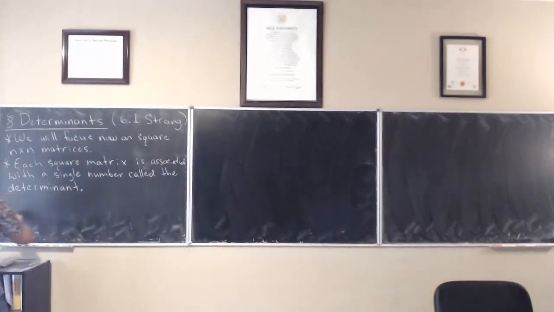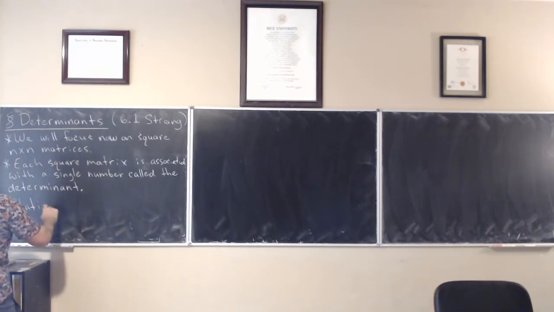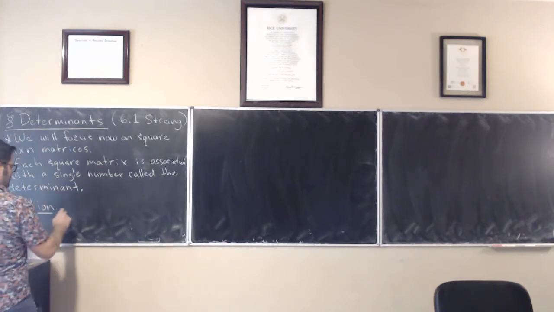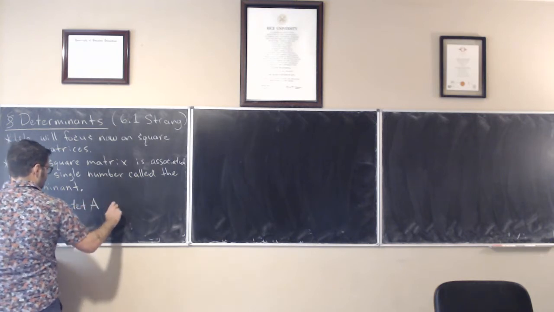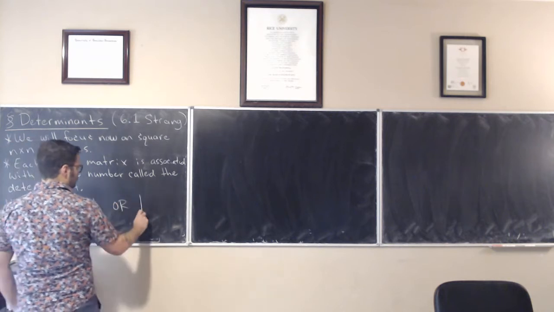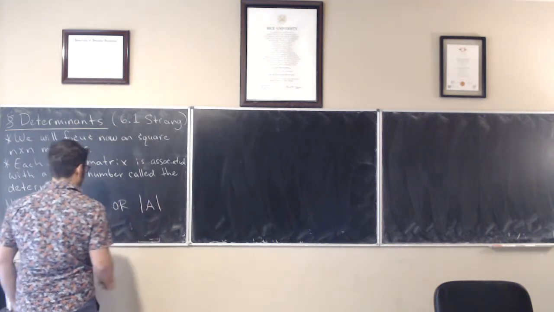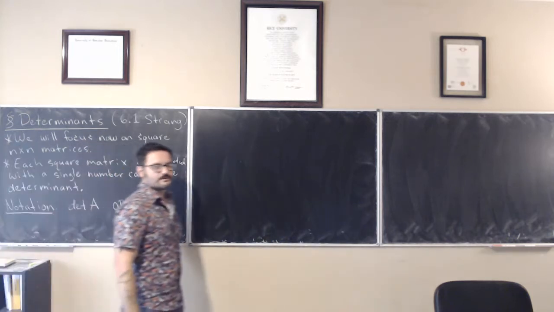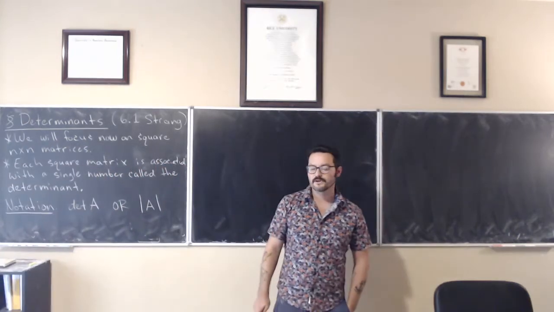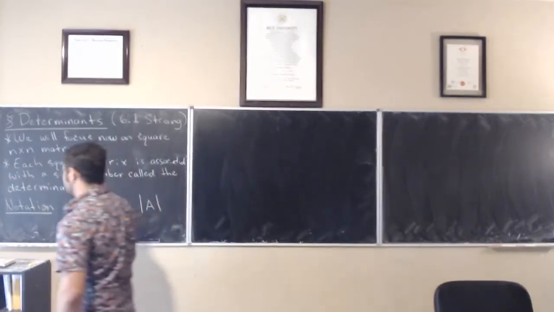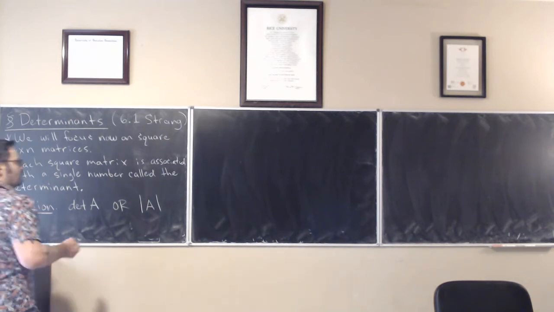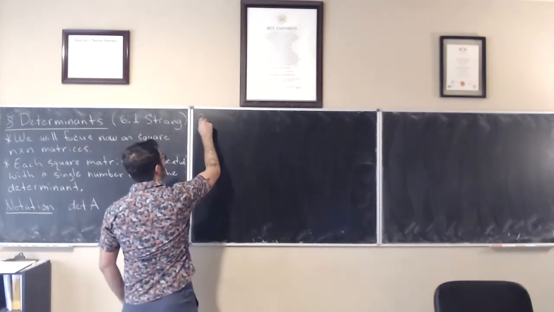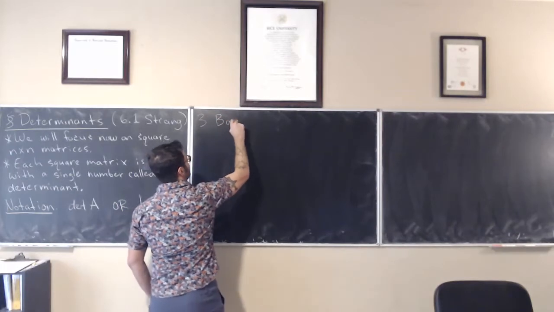So notation for the determinant of a matrix, I'll use two different notations. For matrix A, I'll say det A, or I'll use vertical bars around A to represent this number, the determinant of a matrix. Okay, so let's start with a few properties. More specifically, 3 properties. So the 3 basic properties of the determinant.